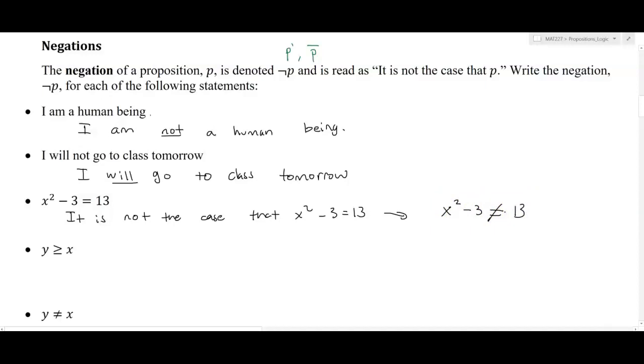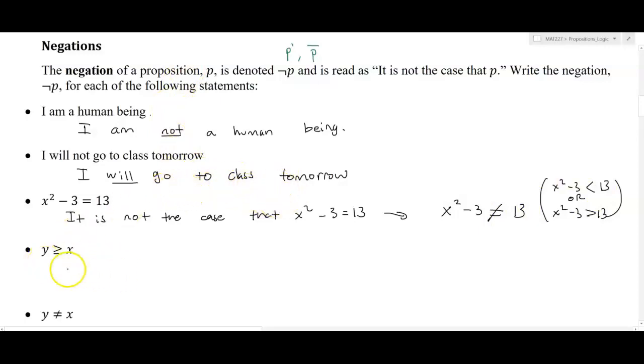If it's not equal to 13, this can imply one of two things. It could be that x squared minus 3 is less than 13, or x squared minus 3 is bigger than 13. That's the only way for something to not be equal to something: it has to be either smaller than or greater than it.